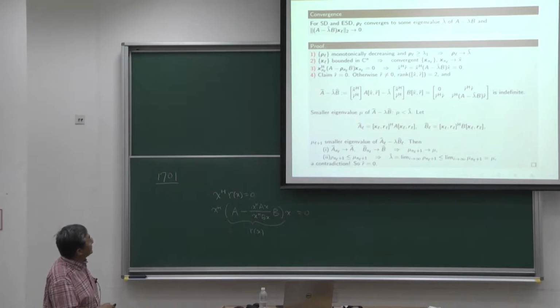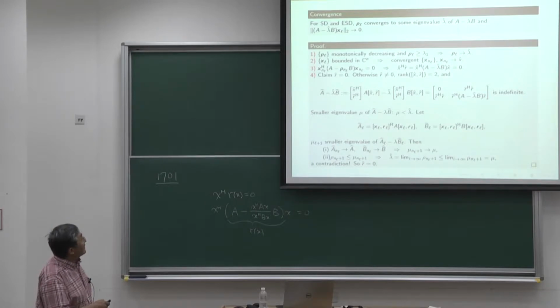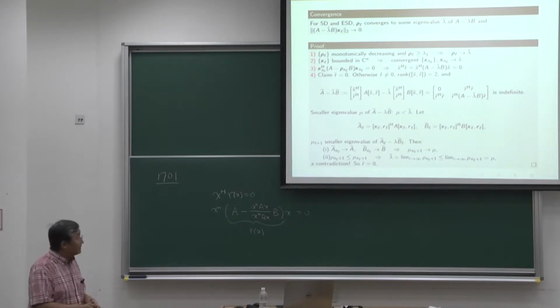Second point, because at every step we are picking the approximation rho that is the best possible in that step's approximation, and that space is bigger than the space spanned by XL RL. In the SD case it is the same, but in the extended SD case, the space is much bigger than the space spanned by XL RL.